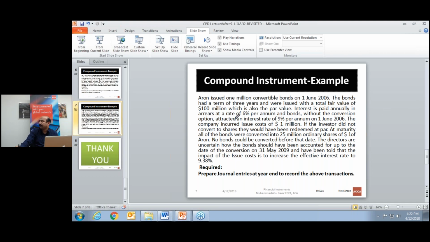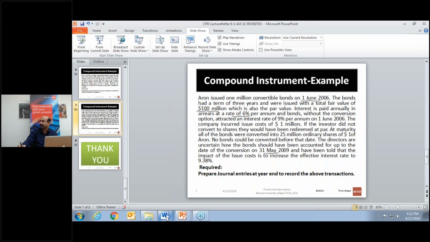So here you can see that this is the nominal interest rate, which is 6%. And this is the face value, par value of the convertible. And this was issued on 1st June, and for 3 years. 3 years mean 2007, 2008, 2009.